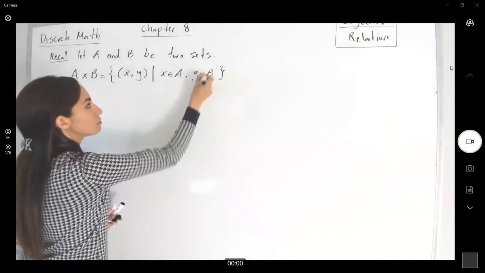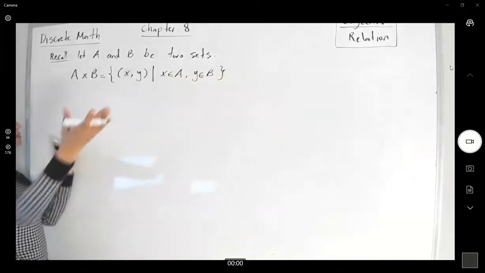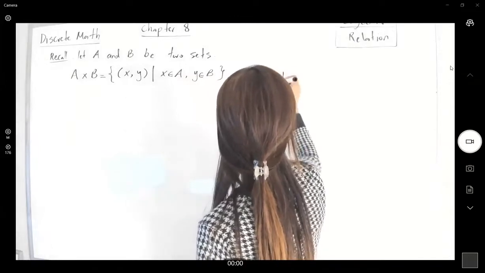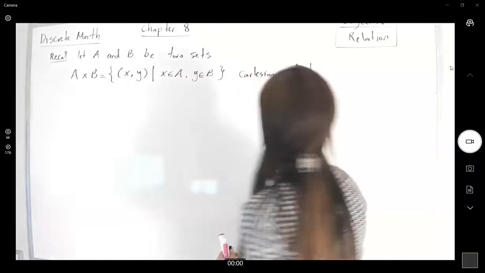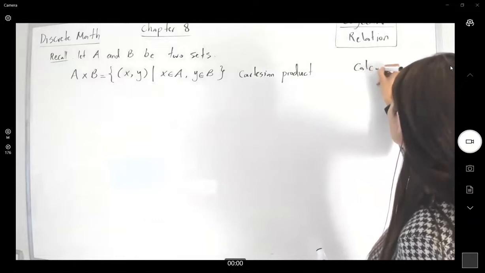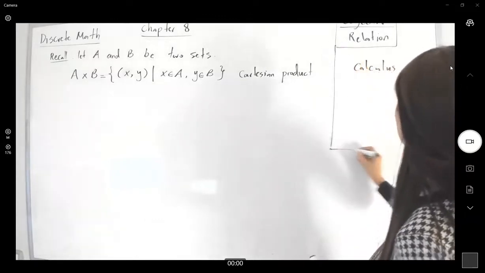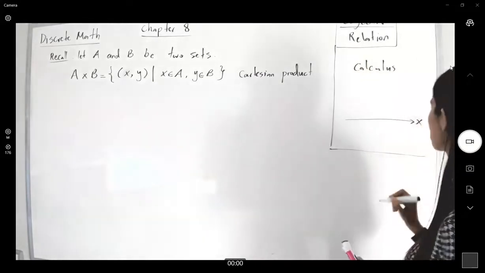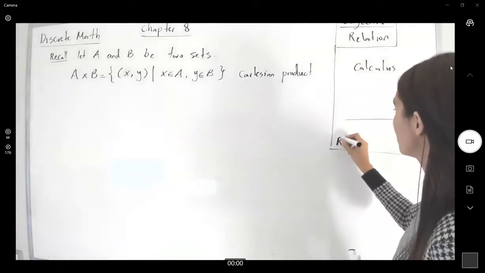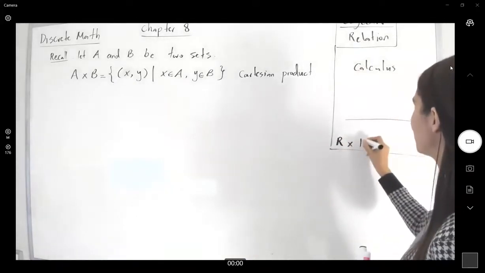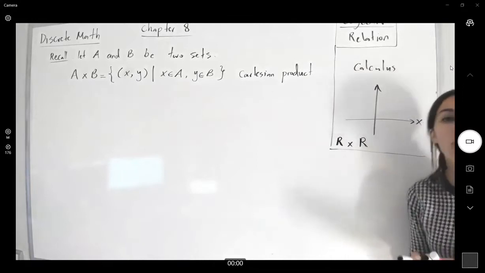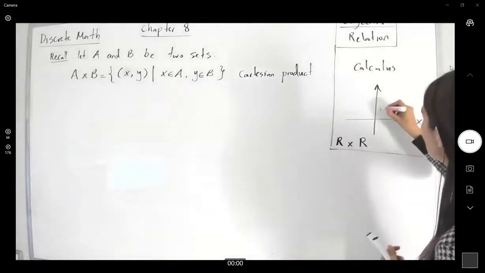Well, this is just the Cartesian product. For example, in calculus, you learn that if you have the real axis, the x-axis, then we can find the Cartesian product between R, the x-axis, and R. What do we define? We define the plane, the collection of all points in the plane.